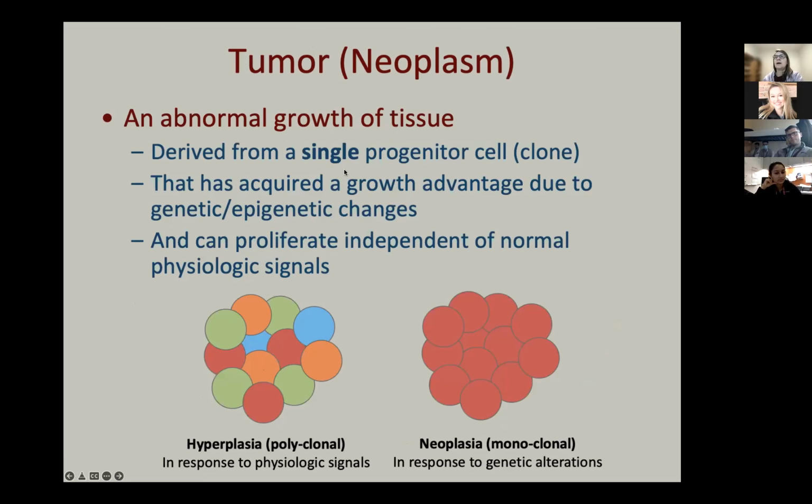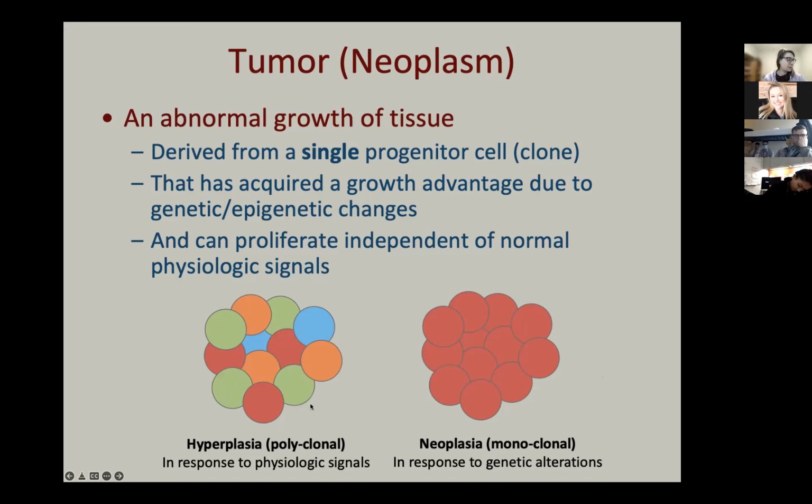So just as a reminder, from basic pathology, a neoplasm is thought to be derived from a single progenitor cell, which is usually a stem cell. So therefore these are called clonal or monoclonal. These genetic drivers have conferred some kind of growth advantage on the cell due to these genetic or epigenetic changes. And now it proliferates independently, right?